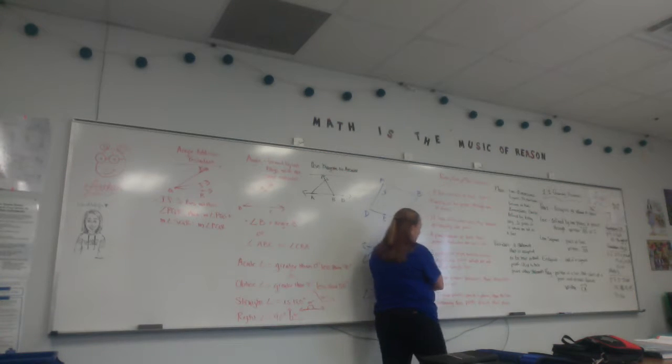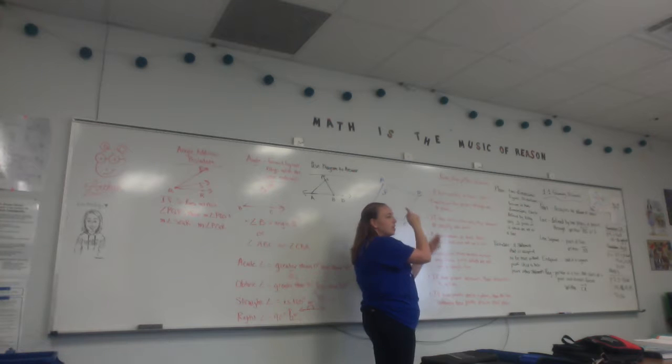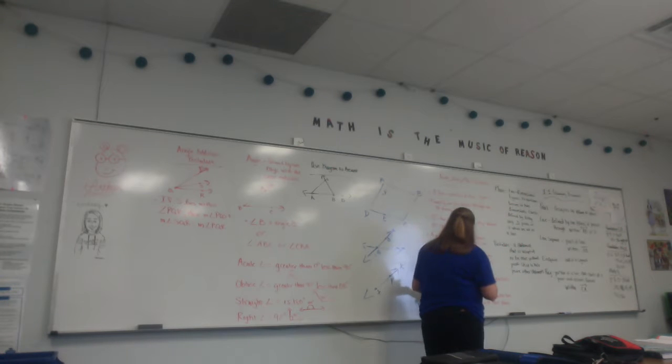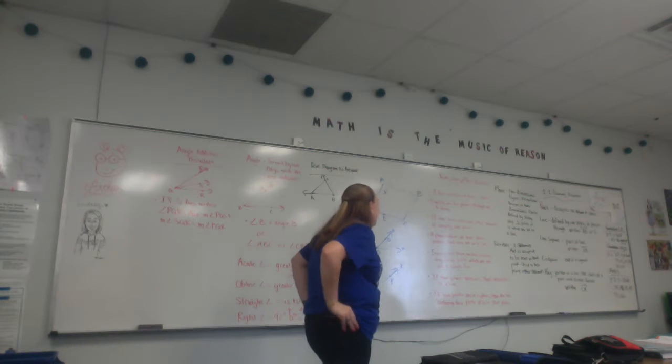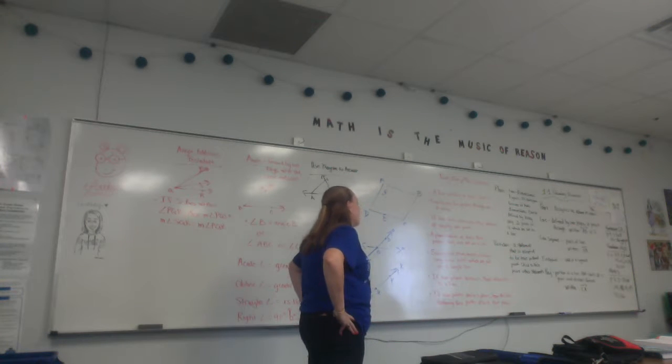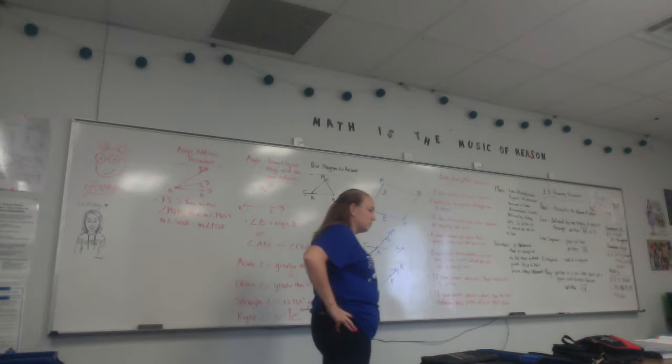If 2 planes intersect, their intersection is a line. So if I have 2 planes that cross each other, they're going to cross and form a line. We'll talk about that too. And if 2 points are in a plane, then the line containing those points also is in that plane. Okay.